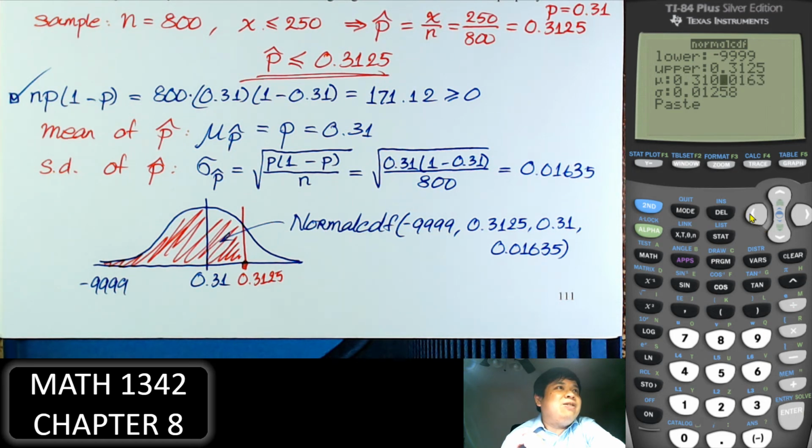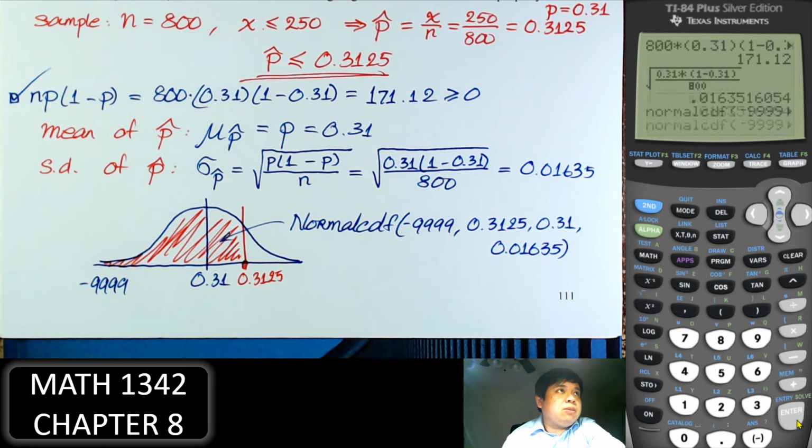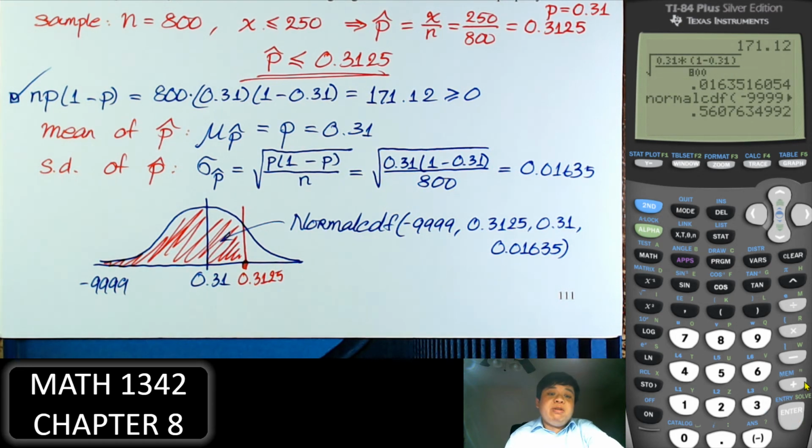Sorry, forgot to hit enter. Right. 0.01635. Right. So that's about 56%.